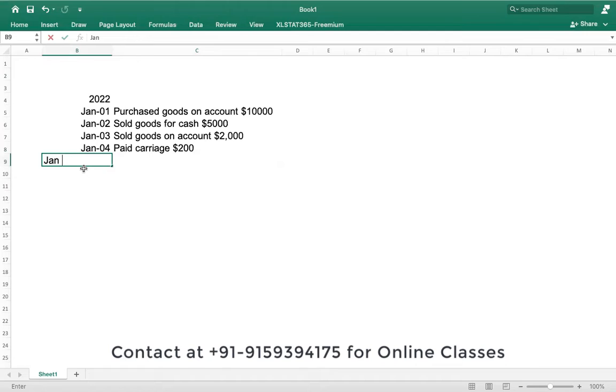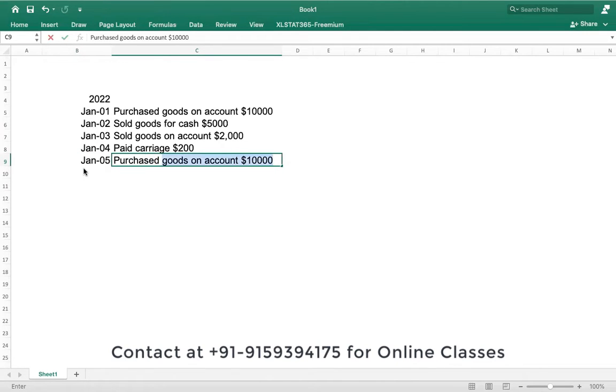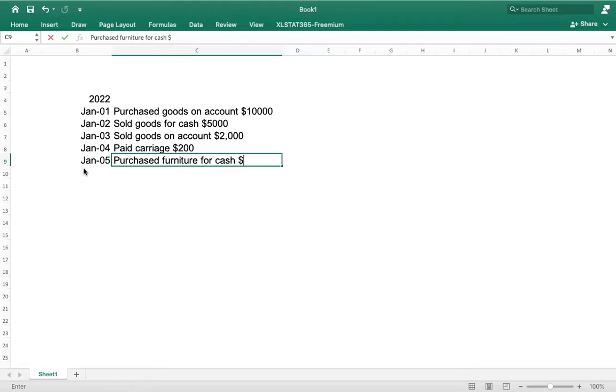Jan 5, purchased furniture for cash, $1,200. Jan 6th, goods returned to the supplier, let's say $2,000.